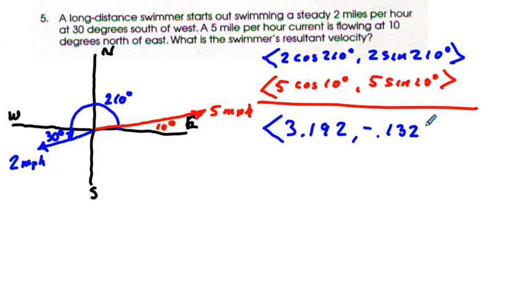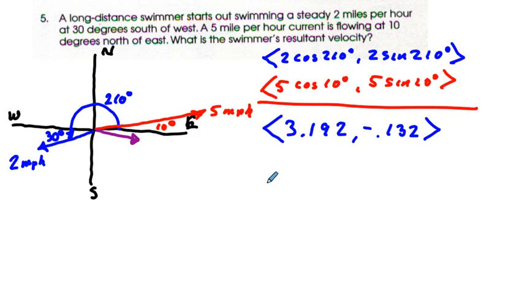So what that means is the thing is going to end up here in quadrant 4 barely, because that cosine is positive and sine negative. It's going to look something like this. I'm drawing it in purple.